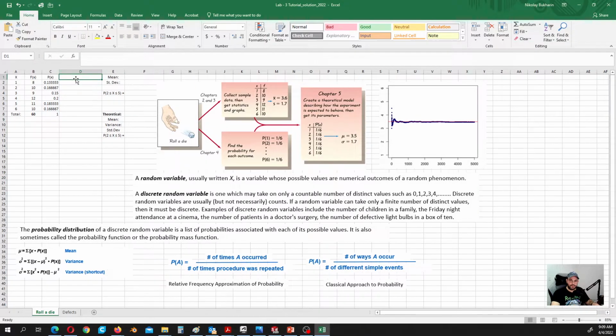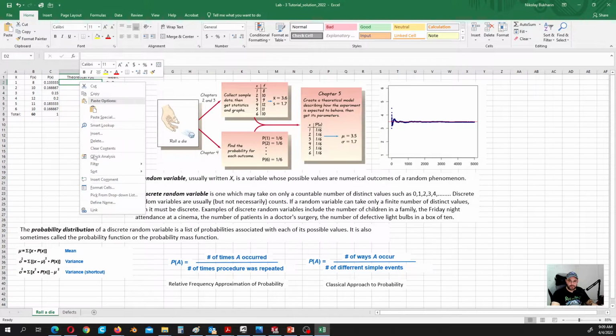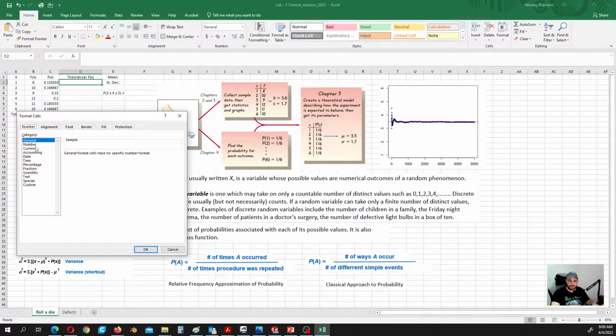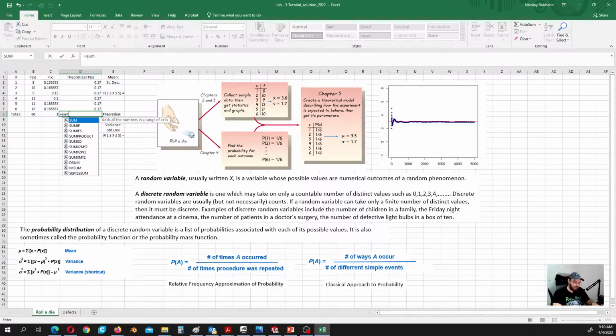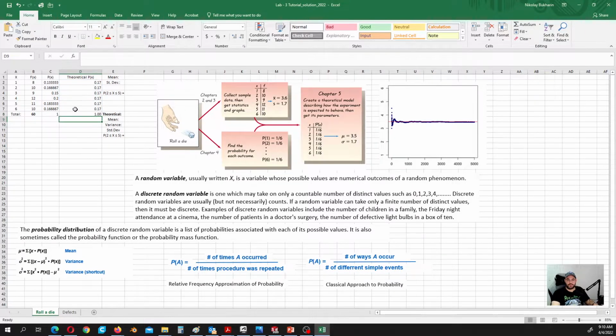Now the theoretical values of probabilities. Let's format the cell for this number. It just equals 1 over 6, and just drop it down. Again, the sum of all these values should equal 1.